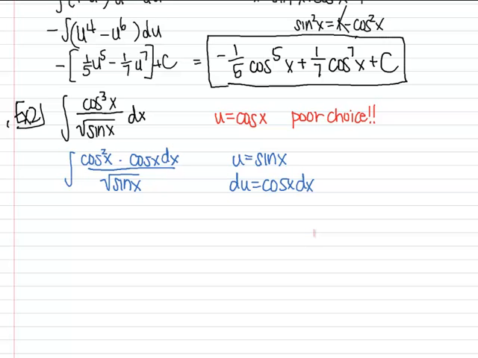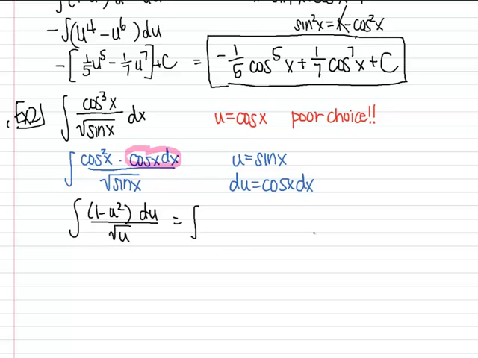So you really need to think about what you want your du to be, not only what your u is, but consider what the du is. In this case, we're going to leave ourselves with a cosine squared x up here in our numerator. So that's going to be 1 minus u squared from our Pythagorean identity. Cosine x dx is our du, and square root of sine x will be square root of u.